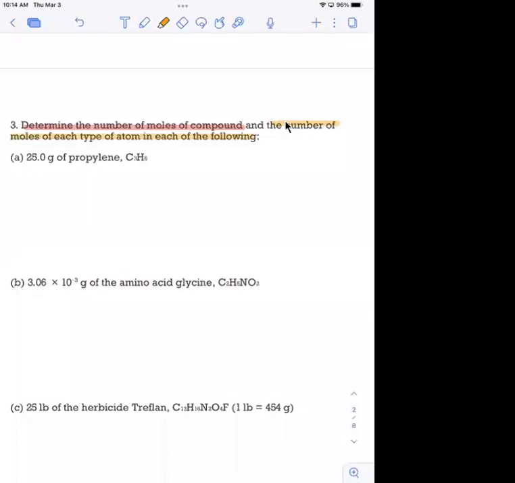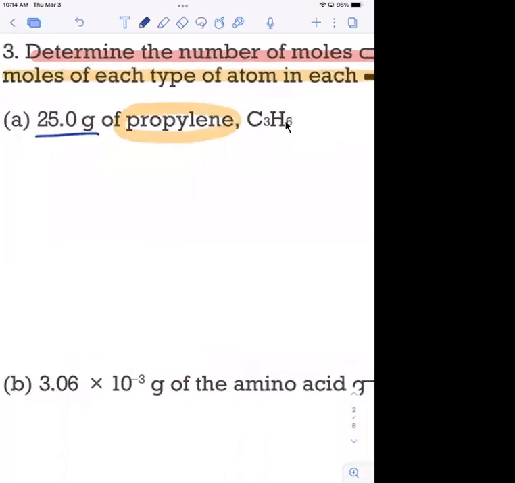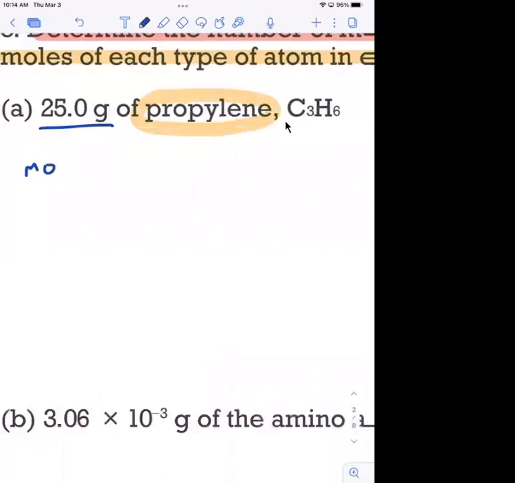So how do we find the moles of propylene if we have a mass? You just told us. The n equals m over M. All right, so moles equals what? Grams over molar mass.